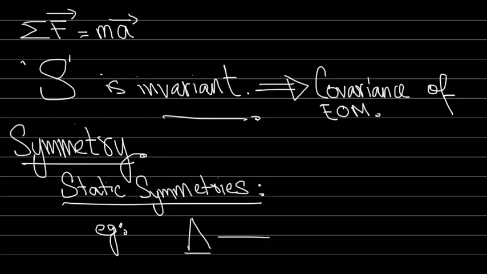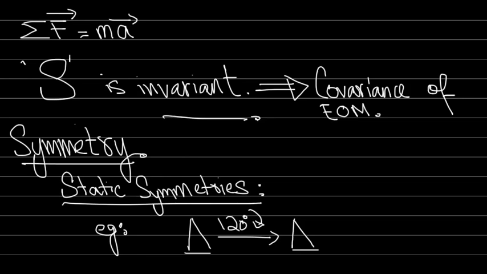And you perform a rotation of 120 degrees, right? And the triangle remains the same, right? So that's your static symmetries. Now, static symmetries are easy to visualize, right? You can think of a triangle, you could picture it in your mind, you could imagine what would happen if you rotate it by some angle, and therefore it's easy to visualize.